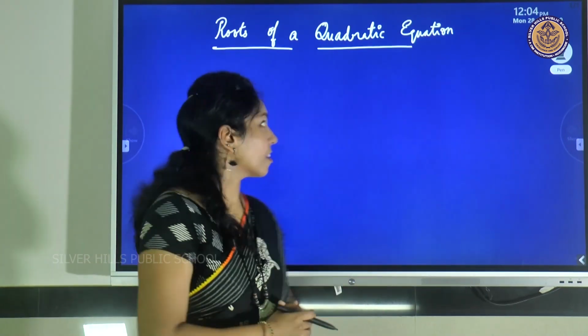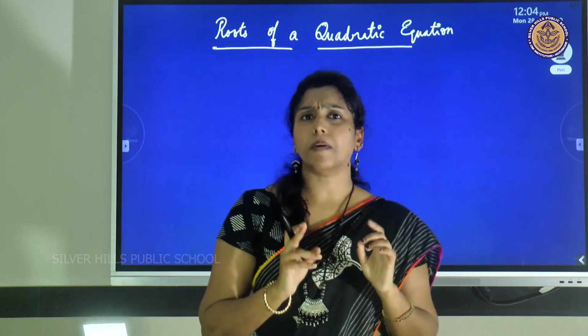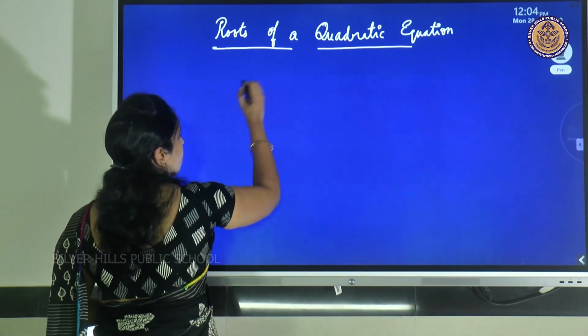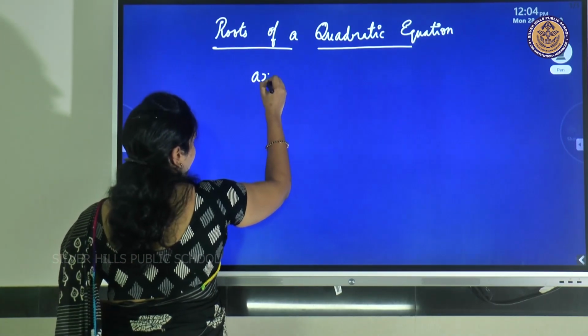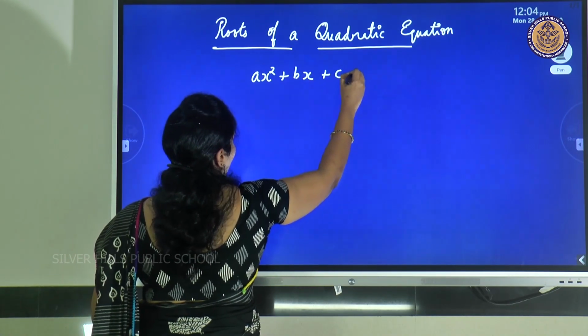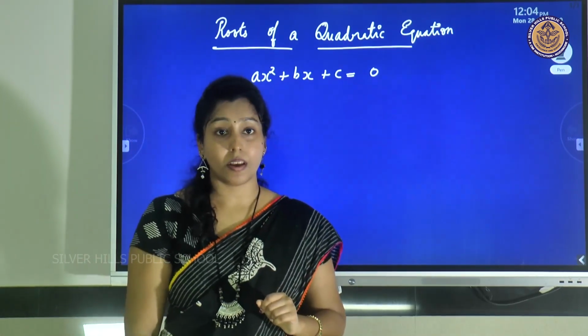Now let's discuss roots of a quadratic equation. So what do you mean by root of a quadratic equation? Let's write the standard form of a quadratic equation first of all. So what's the standard form? ax square plus bx plus c is equal to 0. This is the standard form of a quadratic equation.